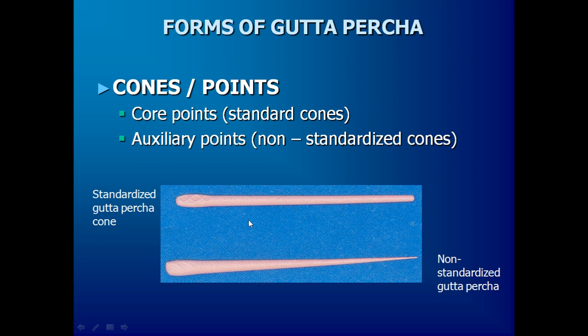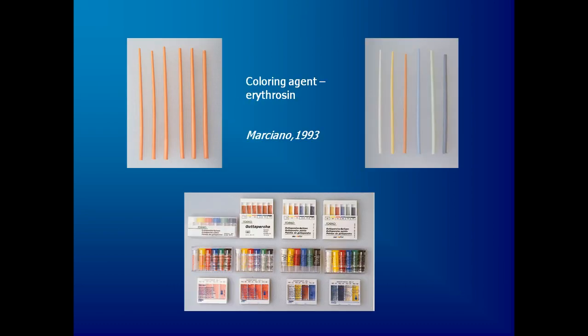So the different forms of gutta percha. These are called the cones or the points. These are the non-standardized points. This is a standardized gutta percha point. Standardized in the sense that they follow the 2% ISO standardization, similar to the instruments, hand files.